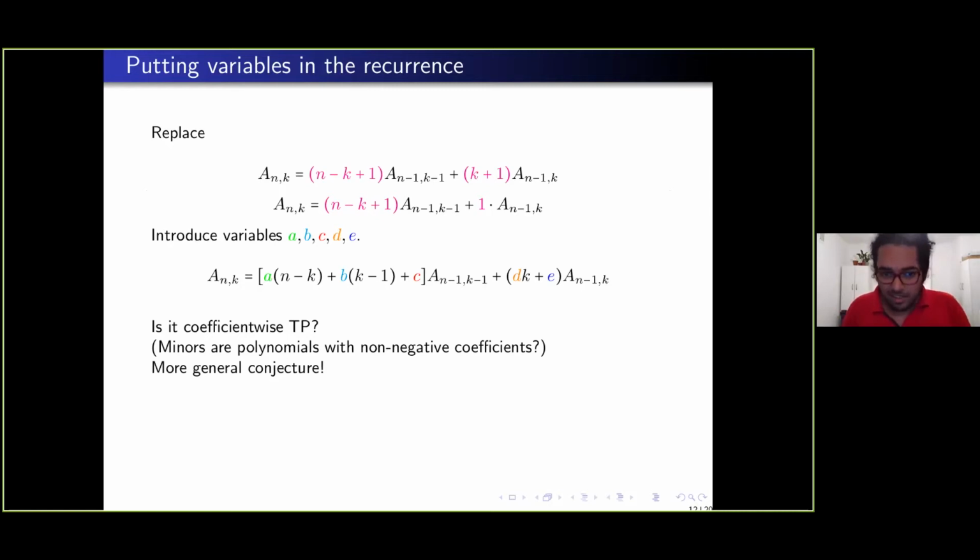It's a more general conjecture, and if it is true, then it will prove that both the conjectures about the reverse Stirling subset triangle and the Eulerian triangle are TP. So we tested it, and it turned out to be true till 11 cross 11. We did this within a week. However, after about 99 days of CPU time and 2 months of real time, it turned out to be false for size 12.